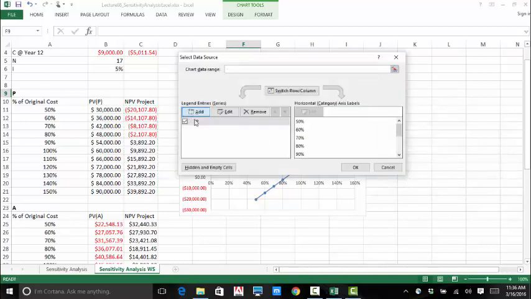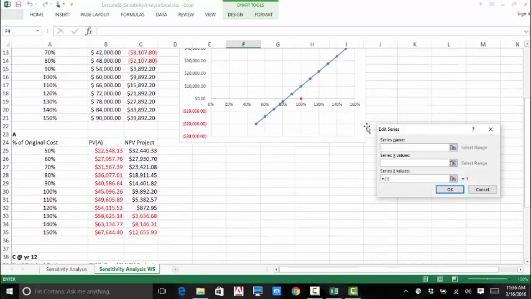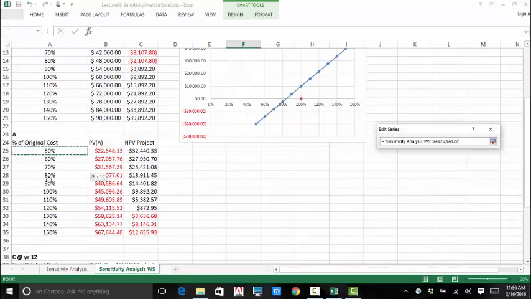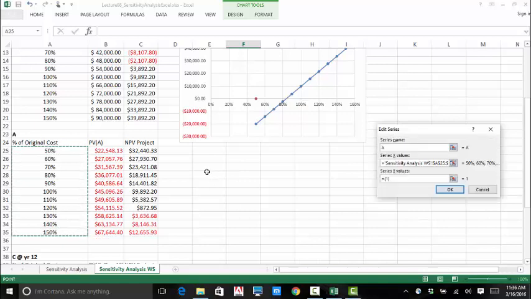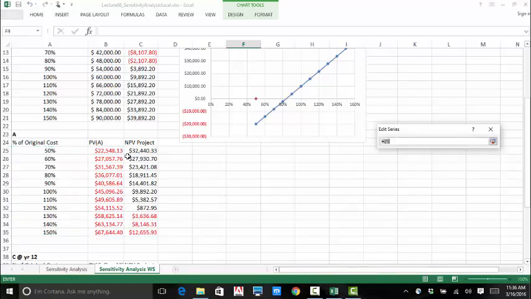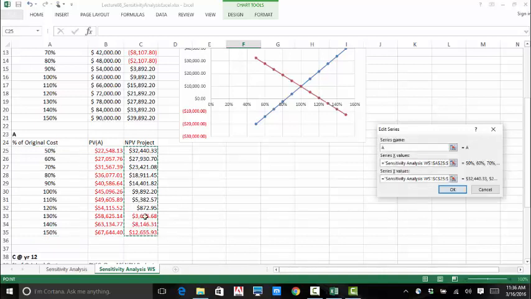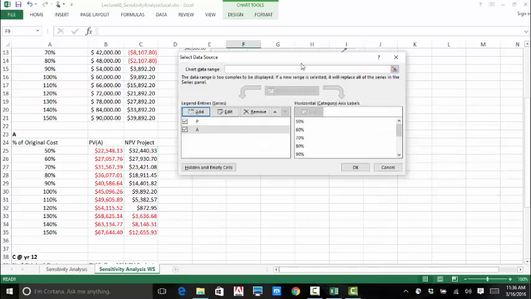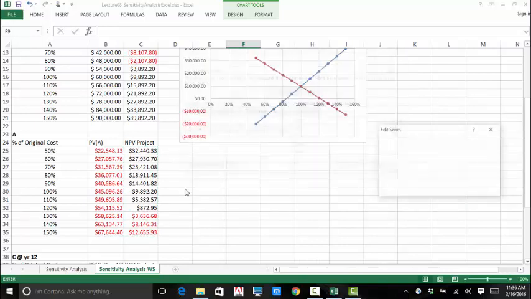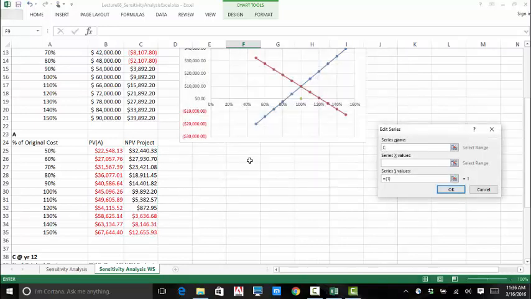Hit OK. Let's add another one. Series can be called A. These X values can be here, Y values here. And you can see they cross at 100%. That's what we want. And then let's add one more for C at 12.